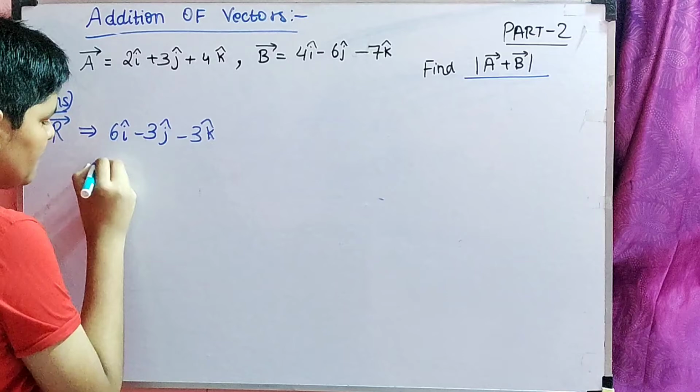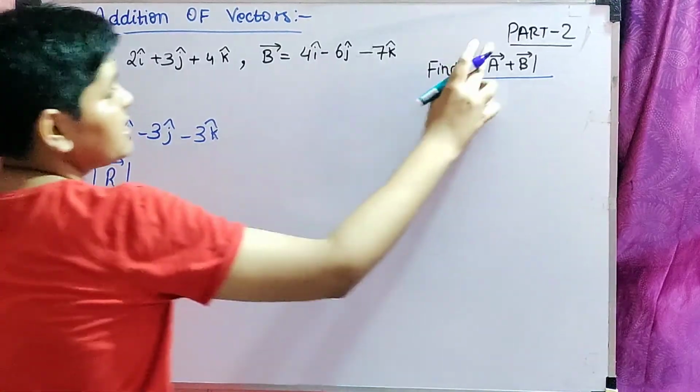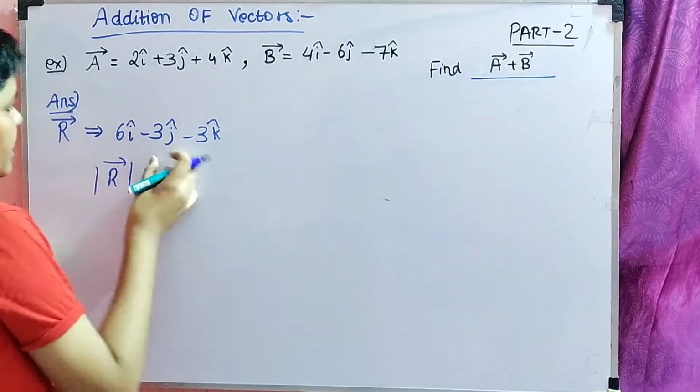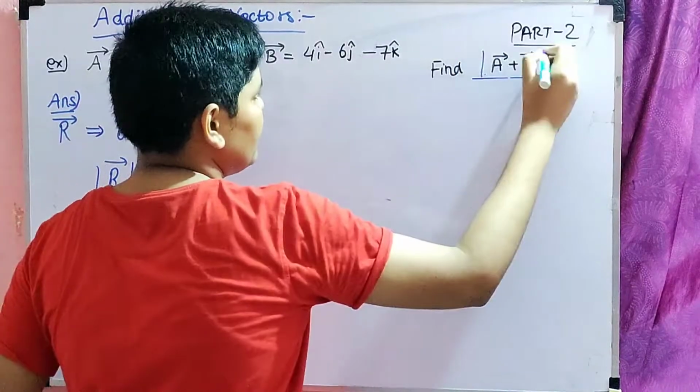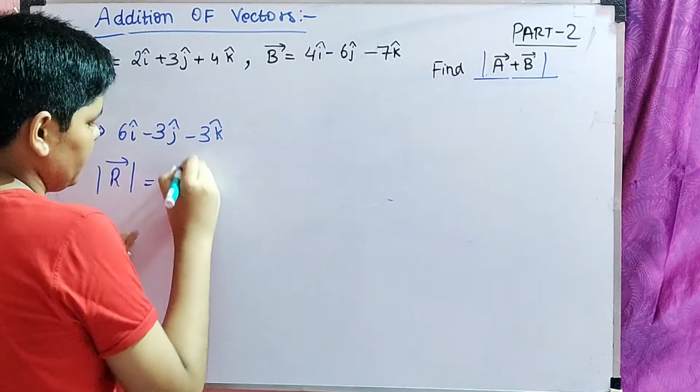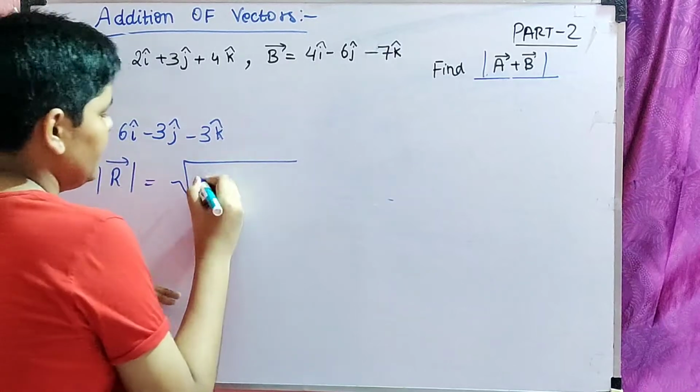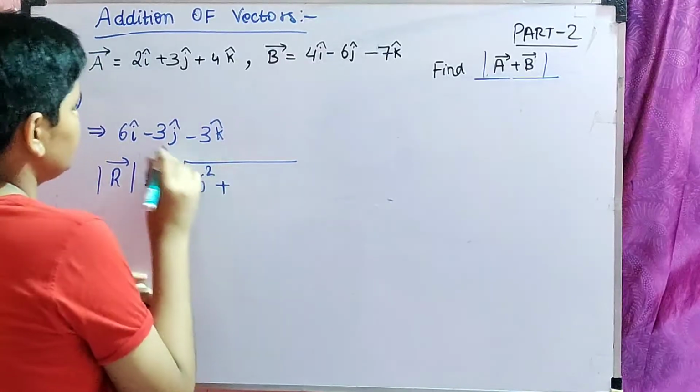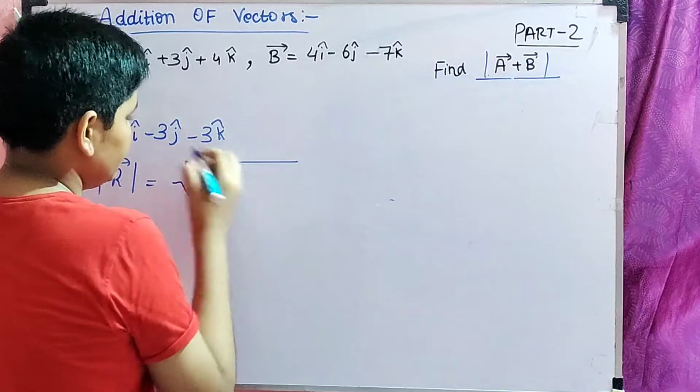But now we have to find the mod of the resultant vector. If it was just a bar plus b bar, then this answer would be correct. But we have to find the magnitude. So the magnitude is equal to the under root of 6 square plus 3 square plus 3 square.